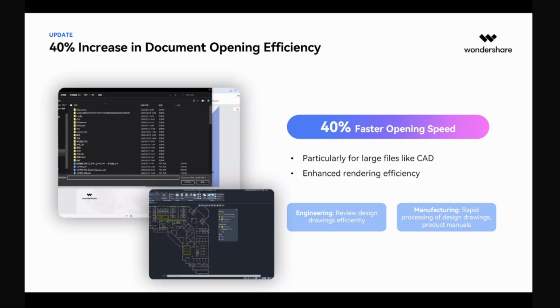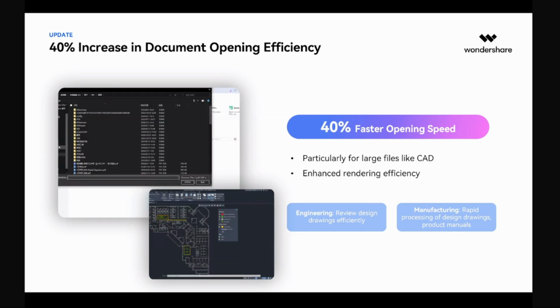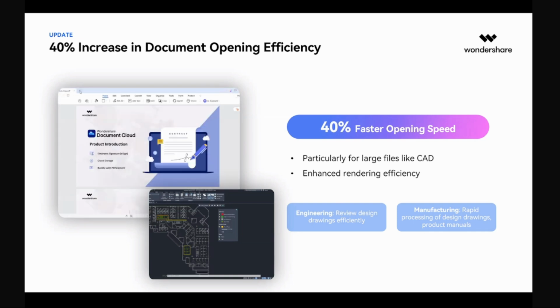Now it's increased by 30%. I will encourage those users that already have PDFelement version 10 to do a comparison. You can get a free test on this. This we can offer.